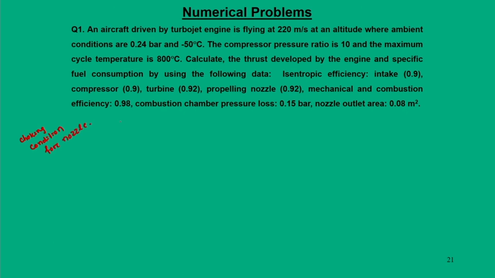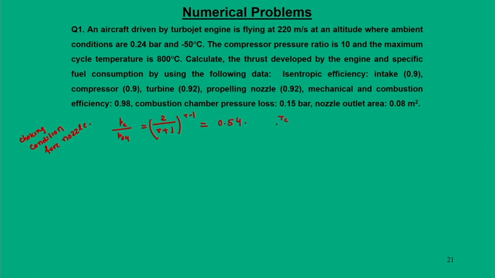So choking condition calculation for nozzle: we define the critical pressure ratio Pc by P04 as (2 by gamma plus 1) to the power gamma by gamma minus 1. This number is 0.54.